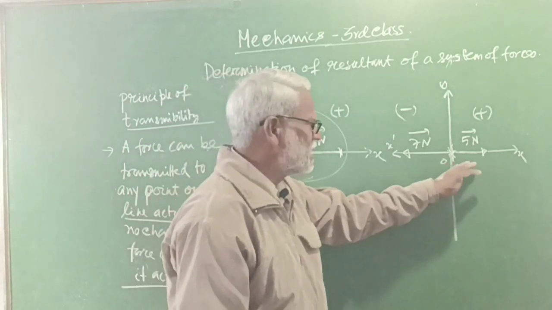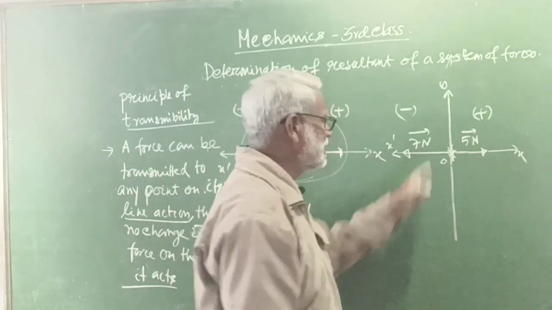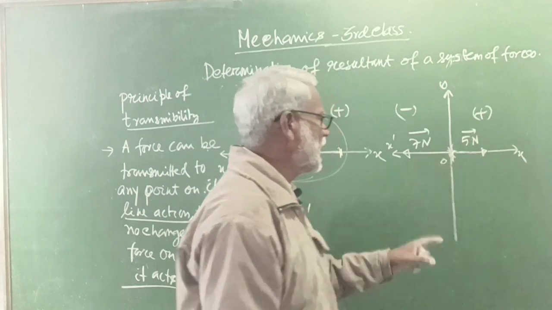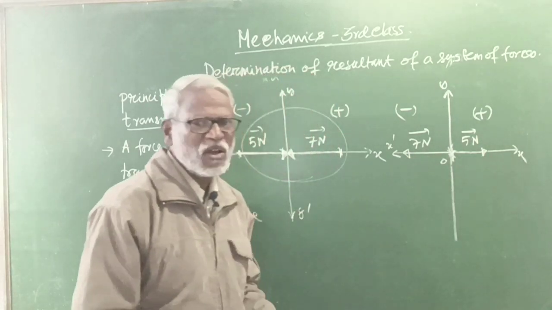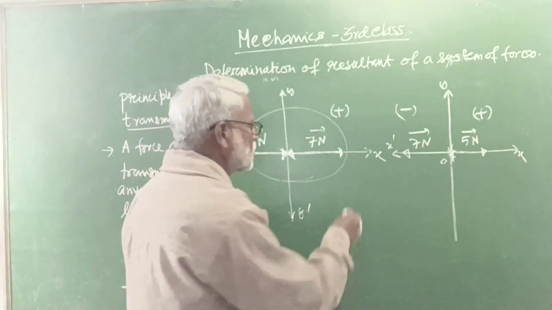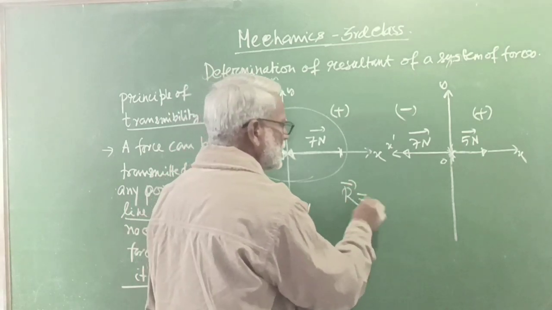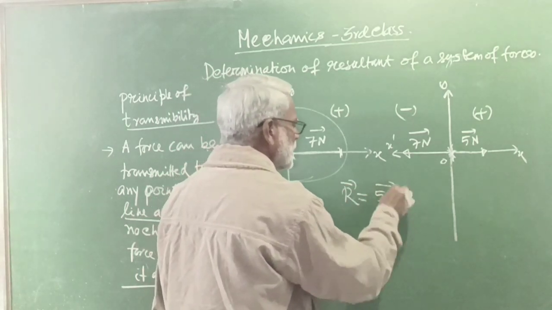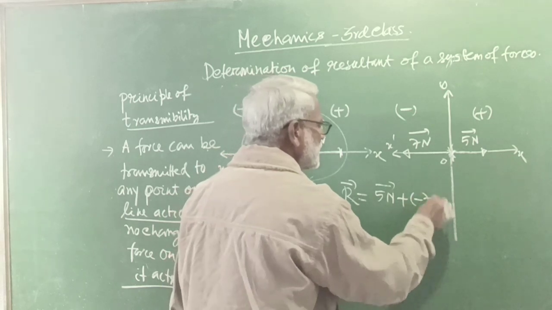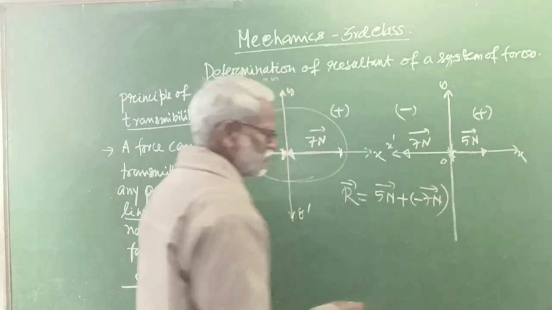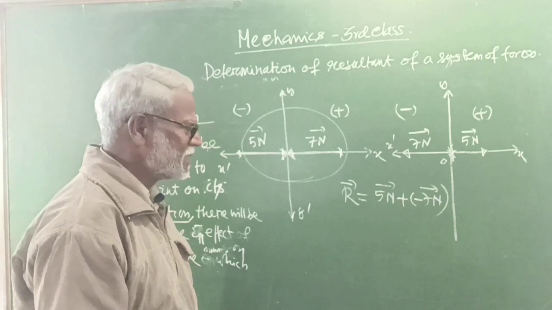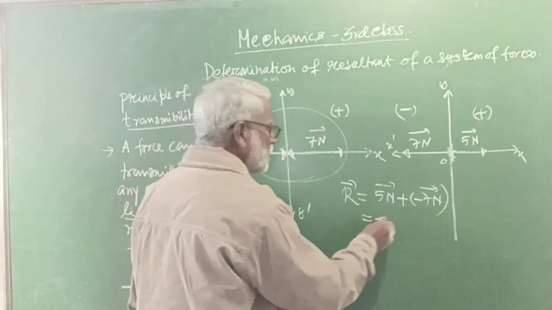So now it is very clear, 5 Newton is a positive force and 7 Newton is a negative force. So let us find their resultant. So R will be 5 Newton plus minus 7 Newton. So the result is minus 2 Newton.